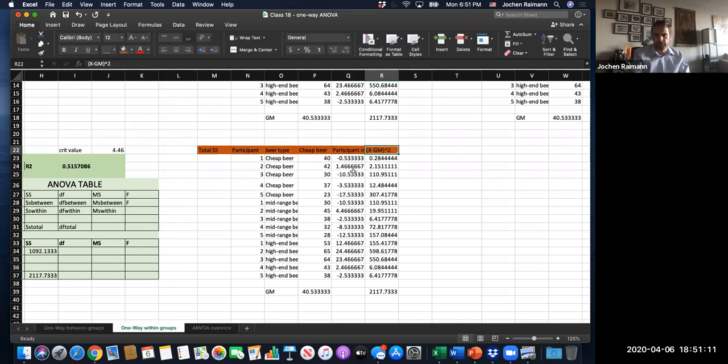We're doing X minus participant. The participant mean is PM. Okay, so everybody please remember this is our participant mean, X minus PM. What is the participant mean?